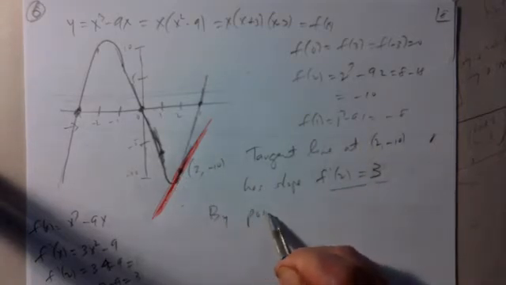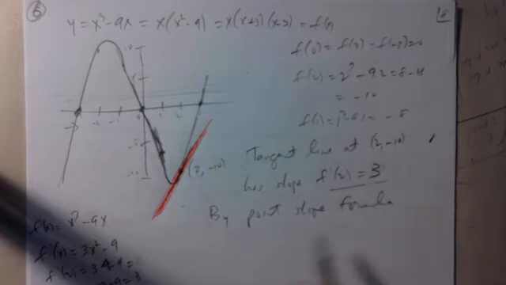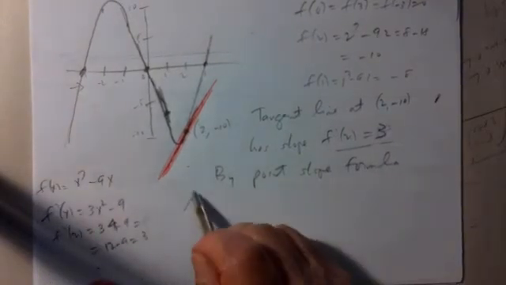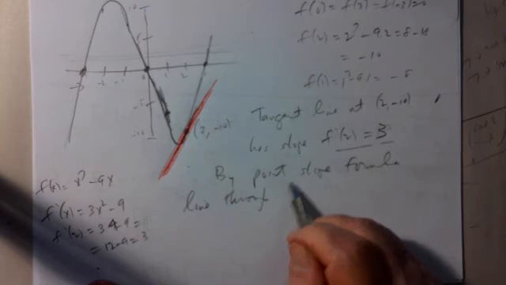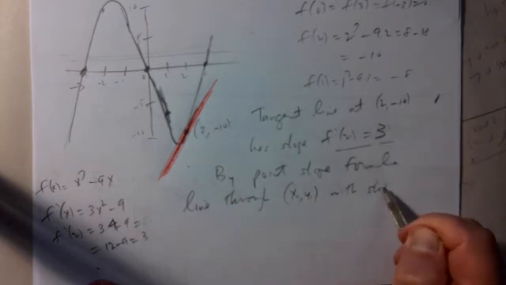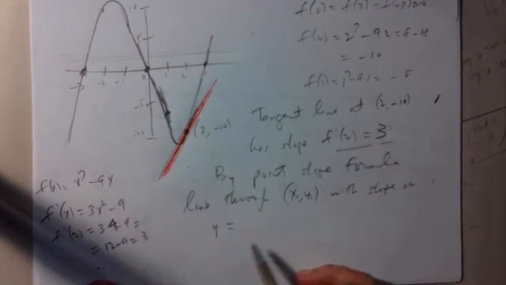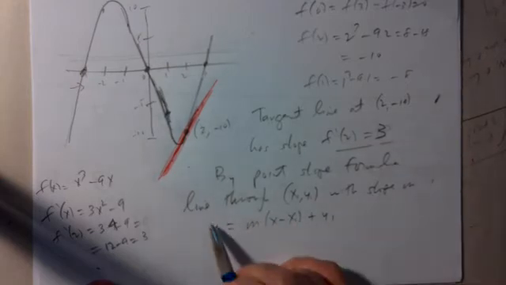So by the point slope formula, what does the point slope formula say? The line through the point x1, y1 with slope m is y equals m times x minus x1, plus y1.